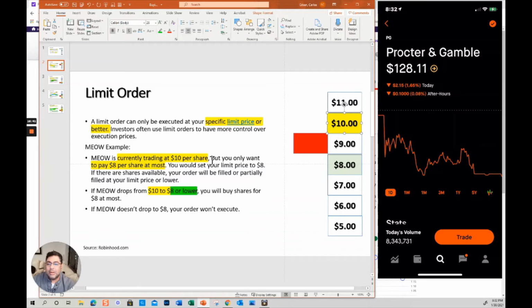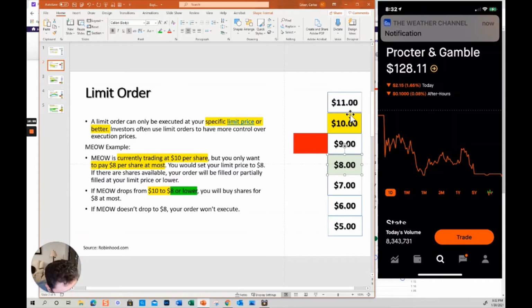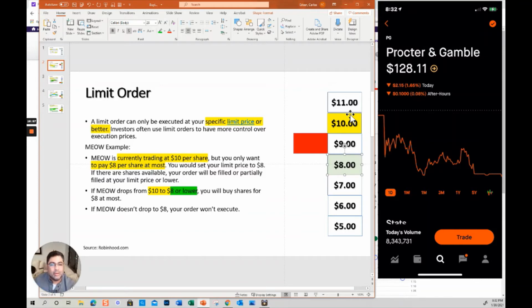But you only want to pay $8 at most. So this is what you're willing to pay, to execute. Why? Because maybe you think $10 is too much, or you're looking for an opportunity, to what they call buy on the dip. So that means buy when it's low.